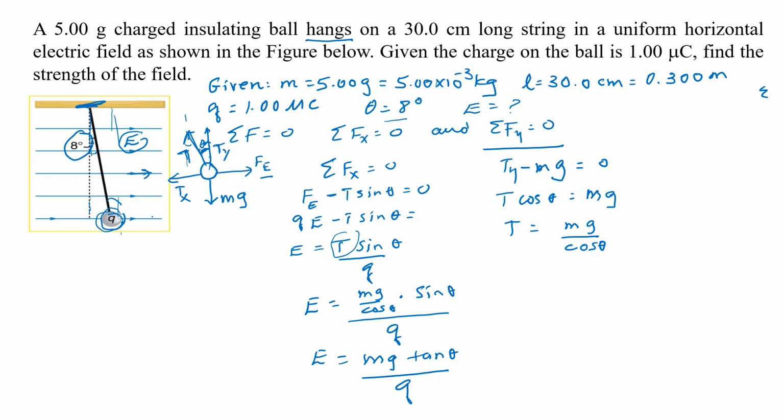Now just plug in the numbers. Mass is given as equal to 5.00 times 10 to the power of minus 3 kilograms. Tangent of 8 degrees. Divide that by the charge, which is 1 microcoulomb. 1 microcoulomb means 1 times 10 to the minus 6 coulomb. That will be the electric field in newton per coulomb.